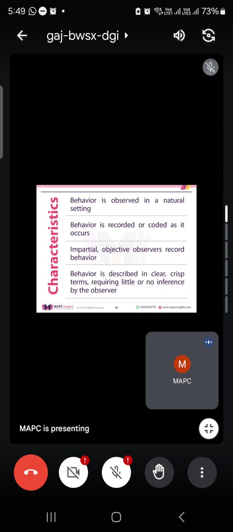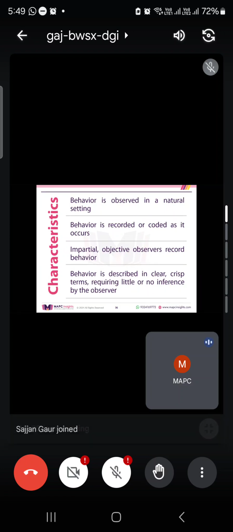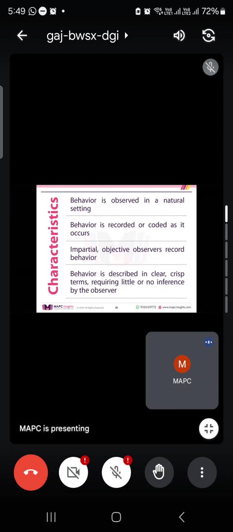Impartial, objective observers record behavior. The observer should not be biased, should not be subjective. Subjective means his or her opinion should not be included. So the observer must be impartial, unbiased, and objective. In this way, the observation needs to be recorded. Behavior is described in clear, crisp terms, requiring little or no inference by the observer. So whatever the behavior is, the description should be in clear and crisp language.